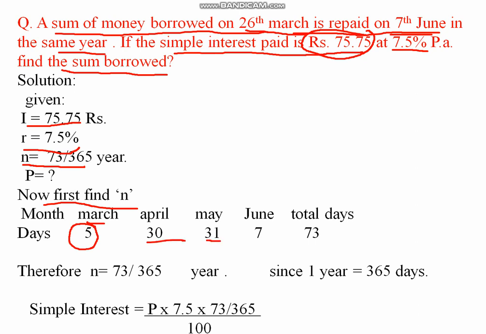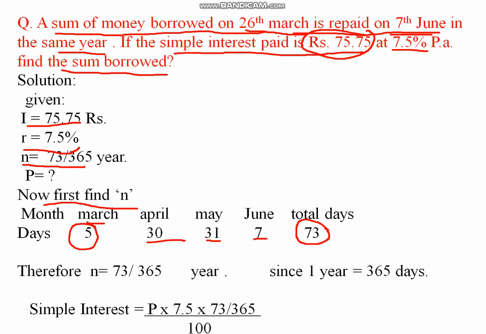In May there are 31 days. And in June he repaid the money on 7 June, so there are 7 days in June. So total days, count it: 5 plus 30 plus 31 plus 7 equal to 73 days. So for 73 days he takes a loan.